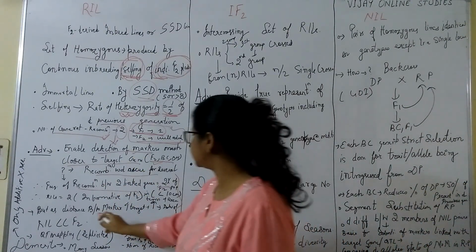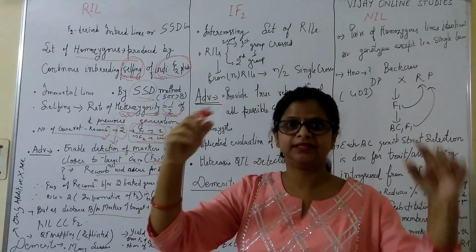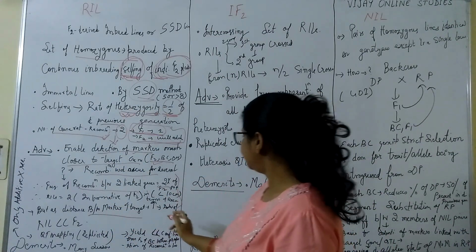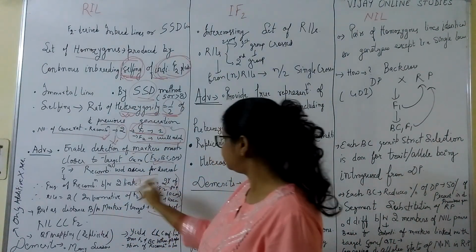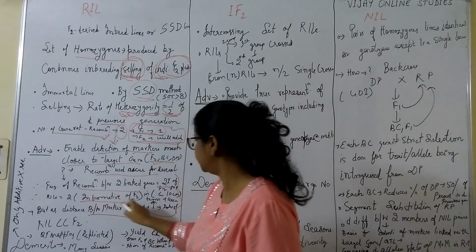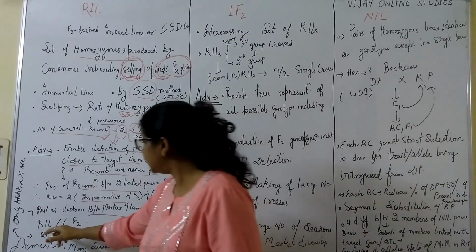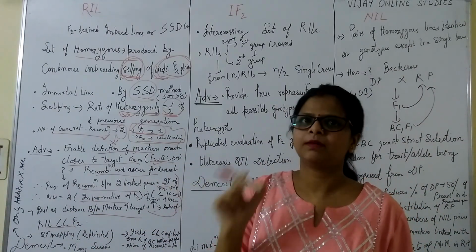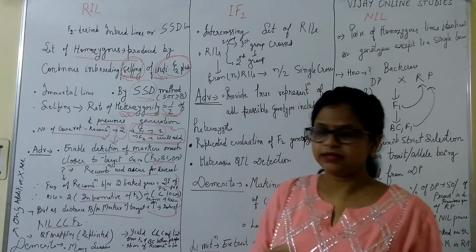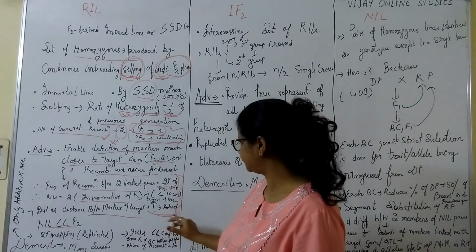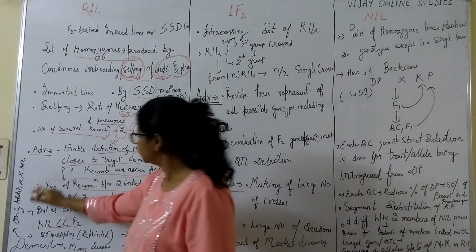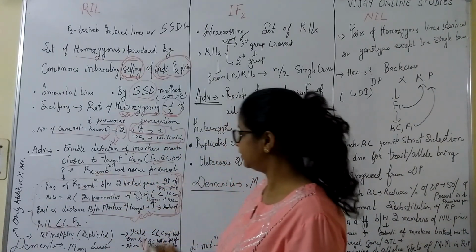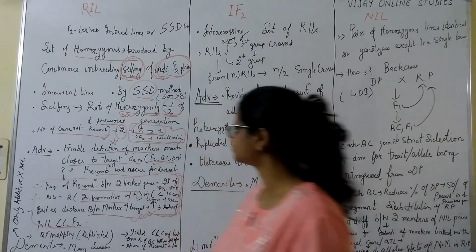When the distance between the marker and the gene of interest increases, this advantage of RILs of being more informative declines relative to the F2 mapping population. In that case the F2 mapping population is preferable. Okay, this is a very important point. In that case F2 becomes more advantageous than the RIL mapping population.